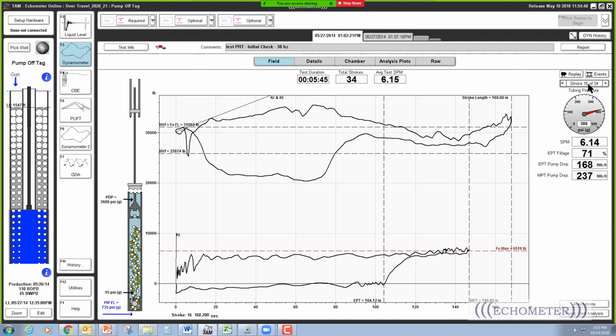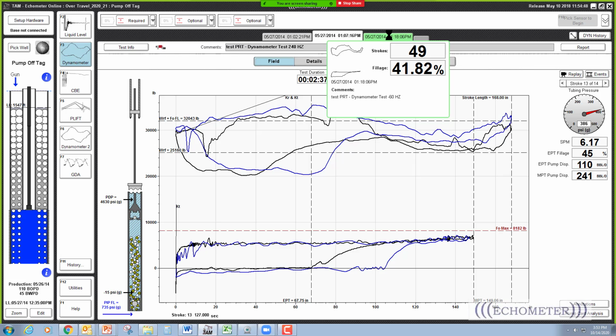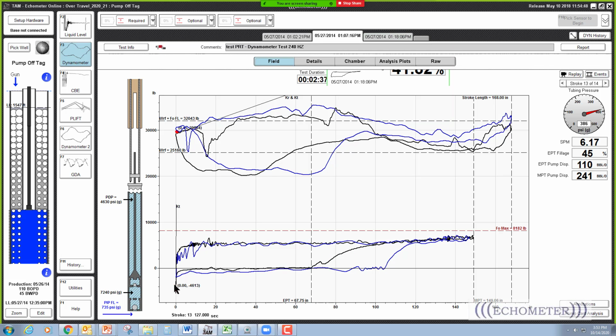So now we got stroke 16, and we go over here, and it should show stroke number 16. Yeah, it does. All right. So see, even here, the tag is hidden in the sampling speed. You just need to sample a little bit faster. All right, we got a couple more to look at.